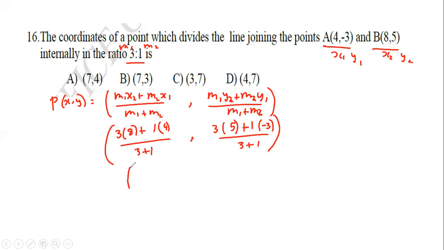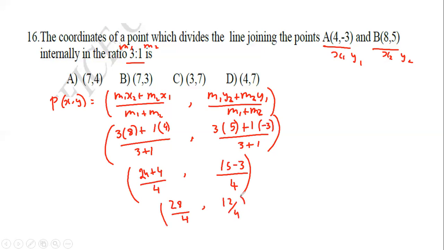Next step, 3 8s are 24 plus 4 1s are 4 divided by 3 plus 1 is 4, comma, 5 3s are 15 minus 3 1s are 3 divided by 3 plus 1 is 4. So which is equals to 28 divided by 4, comma, 15 minus 3 is 12 by 4.